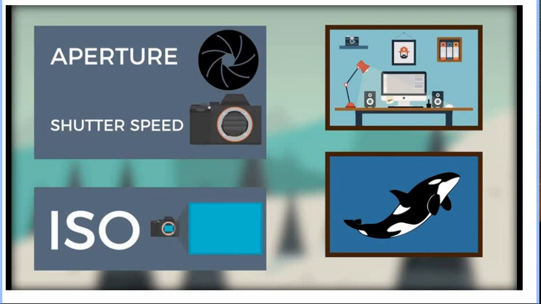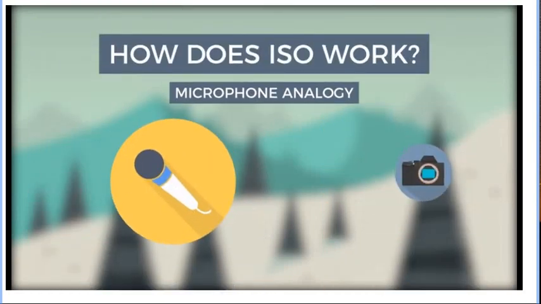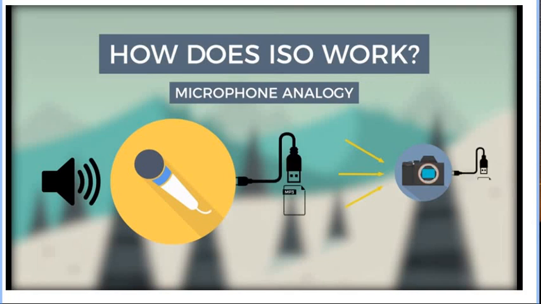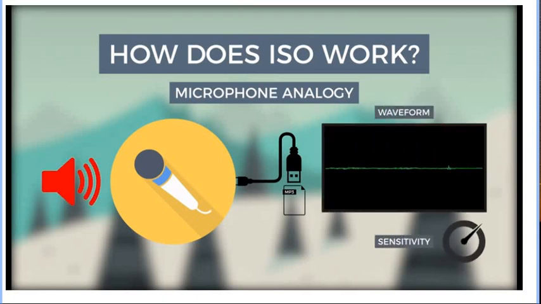However, increasing your ISO doesn't come without drawbacks. Let's compare a camera to a microphone. Microphones gather sound waves from a source, just like cameras gather light rays from the environment, and each turn them into electrical signals, which are outputted as either a sound file for a microphone or an image for a camera. Now, what happens if you're trying to record something very faint, like a whisper? You increase the sensitivity of the microphone.